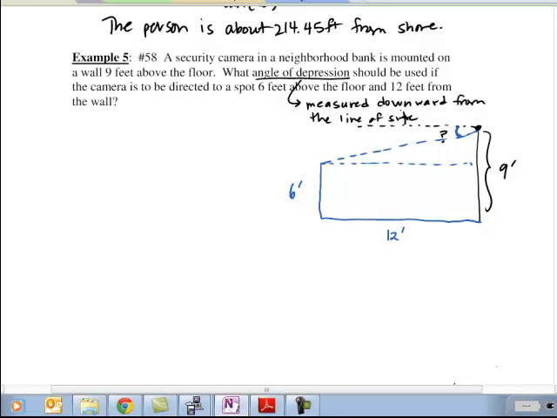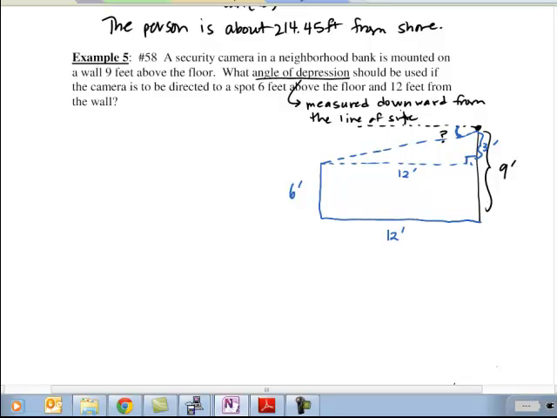That's a little better. We still want that angle. This would also be 12 feet, right? This piece here would be 3 feet. And that angle would be 90 degrees.